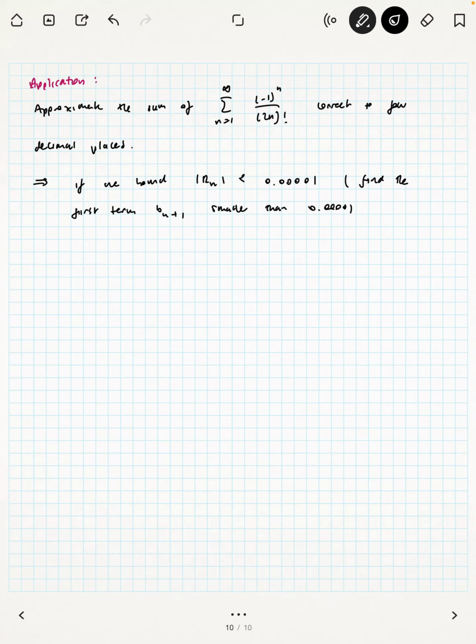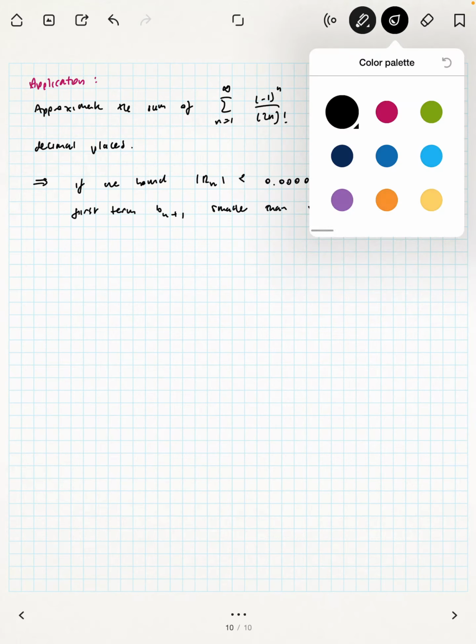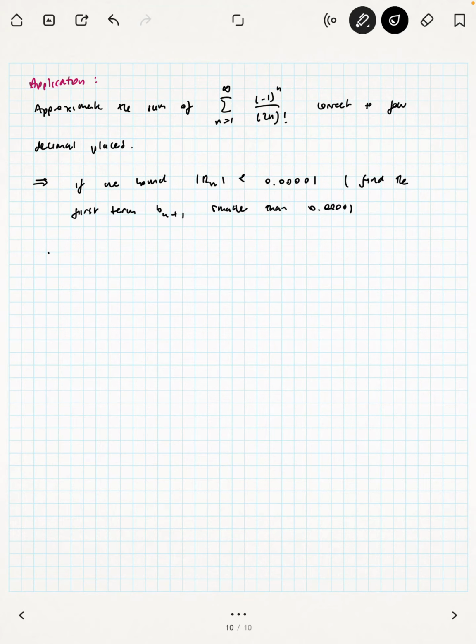And because we want it accurate to 4 decimal places, this last digit doesn't matter, right? So we will have it up to that value. So here's how we can do it. We're just going to add a few terms until we get one that's smaller than what we want. So here we go.